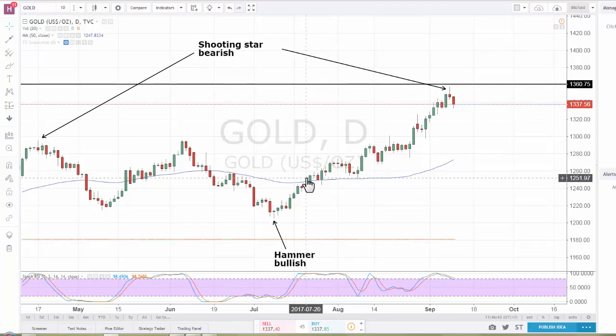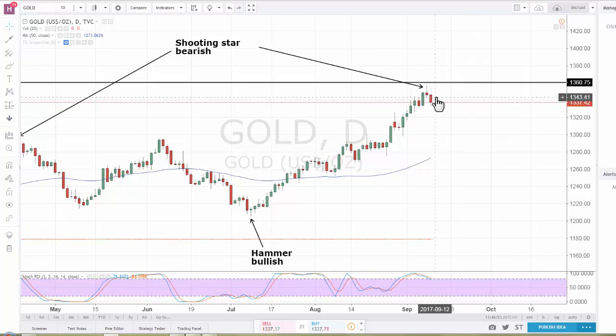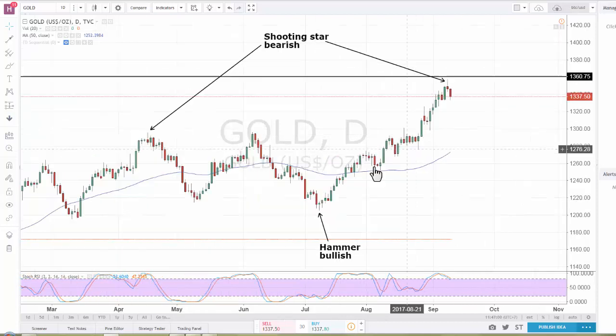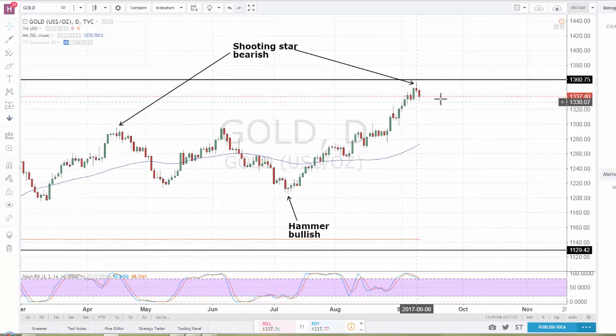So this signals that gold could be going down in a downtrend. I'm going to be waiting for this candle to close today, and maybe tomorrow I will place a short position here for gold. If the trend reverses here, it's no secret that gold was overextended, so it was overdue for a little correction.